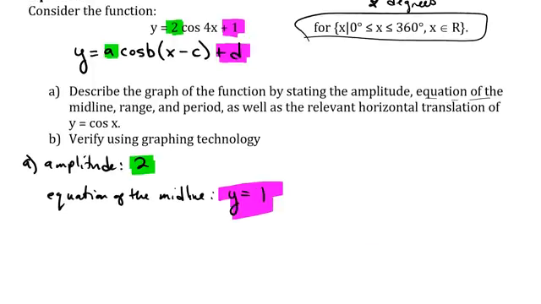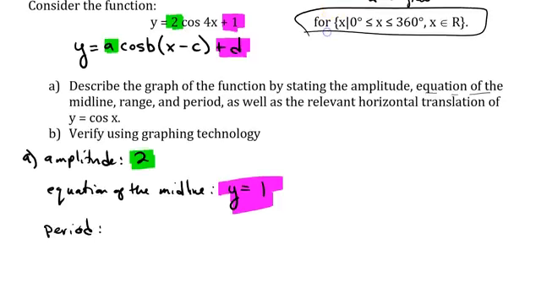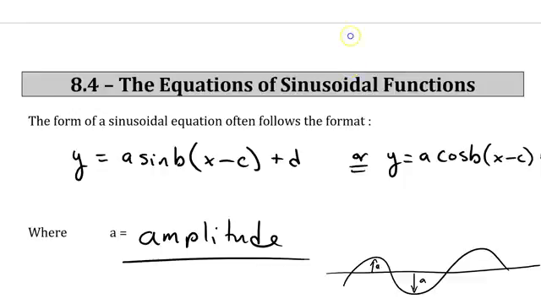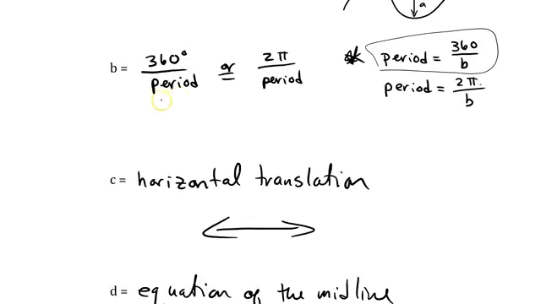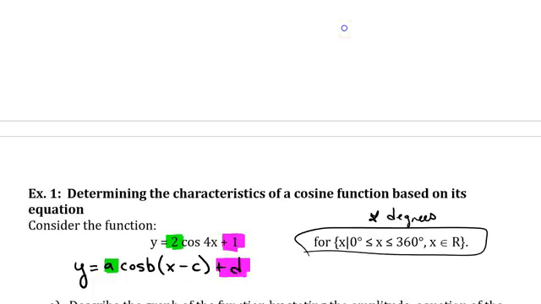Next, we want to figure out what our period is. The period actually equals, and I gave you an equation for that, 360 over b, or 2 pi over b. And since we're working in degrees, we're going to use this one.